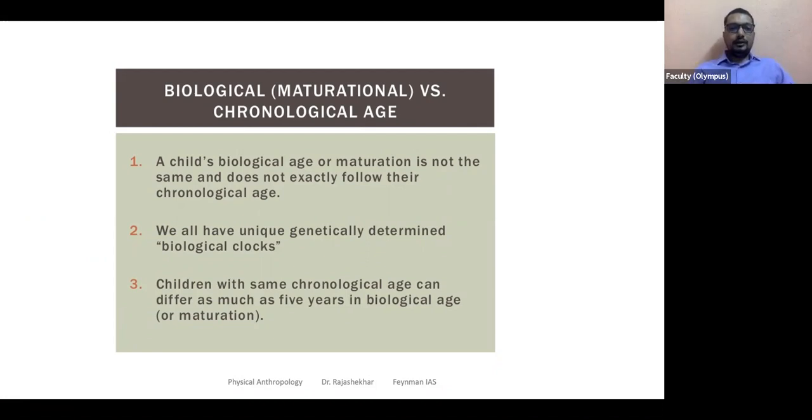Correct? And we all seem to have what is called a biological clock. So there must be a clock that is ticking, counting our time, which can either speed up or slow down depending on your quality of life.